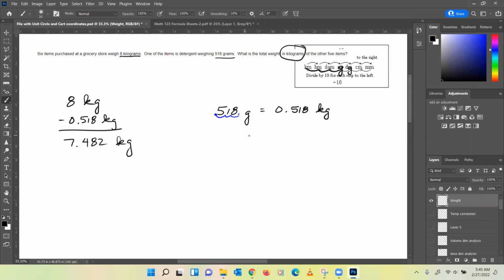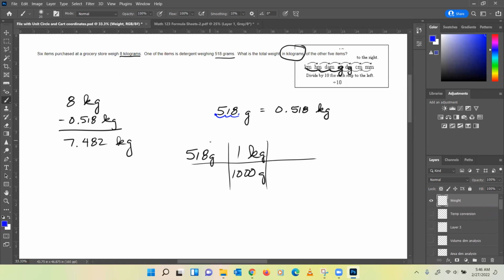So play around with these and remember that dimensional analysis where we're creating this train track and multiplying by versions of 1 will always get us to the units we need and will allow us to know whether we need to multiply or divide. With this 518 grams, I could have noticed that, well, 1,000 grams is 1 kilogram.